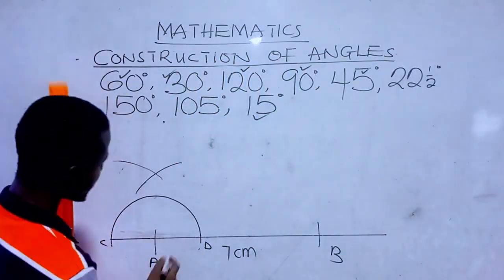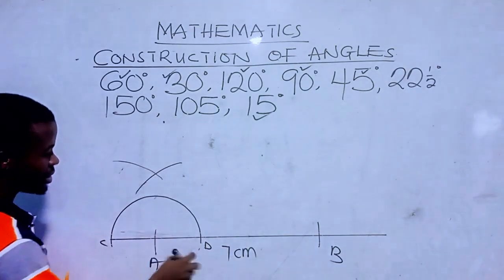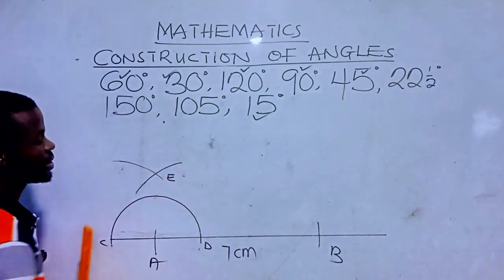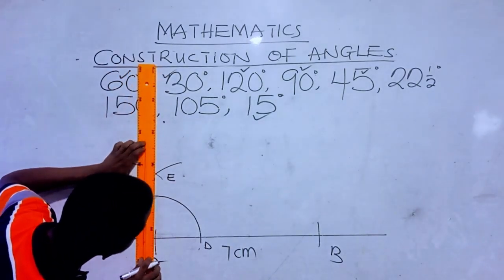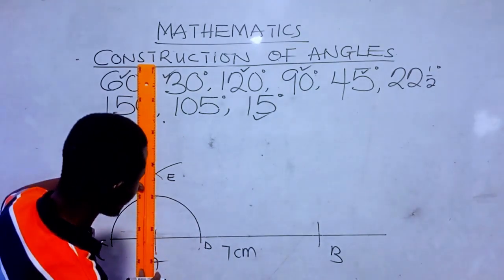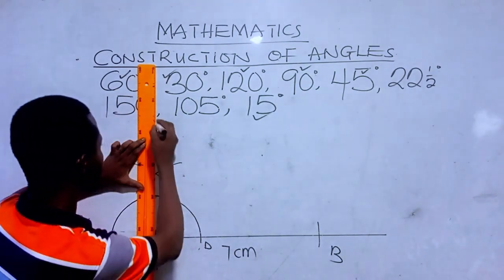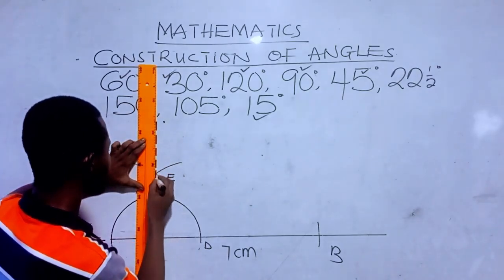So let me call the intersection A, B, C, D. Let's here be E. So I'll draw my broken line from A to E with broken lines. So 1, 2, 3, 4, 5, 6.